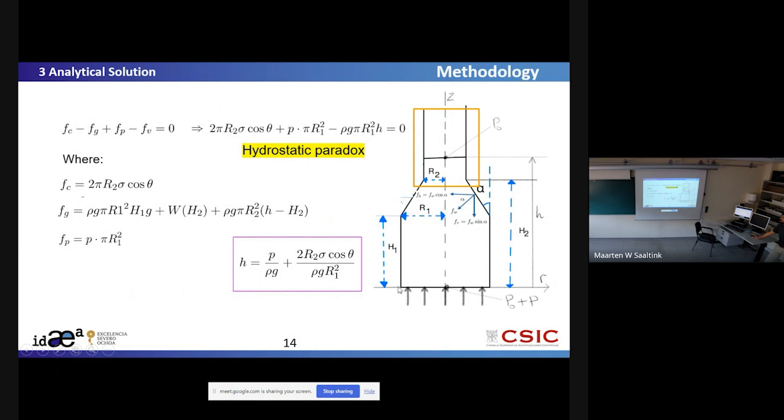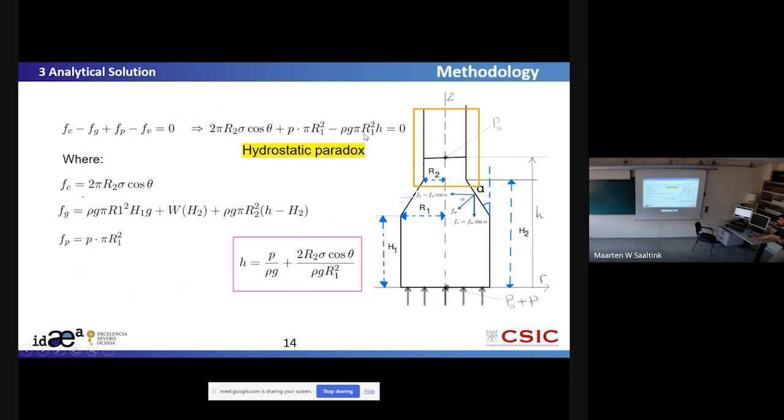So it looks as if the tube did not really change its diameter. This surface tension force is actually holding only this small amount of fluid.